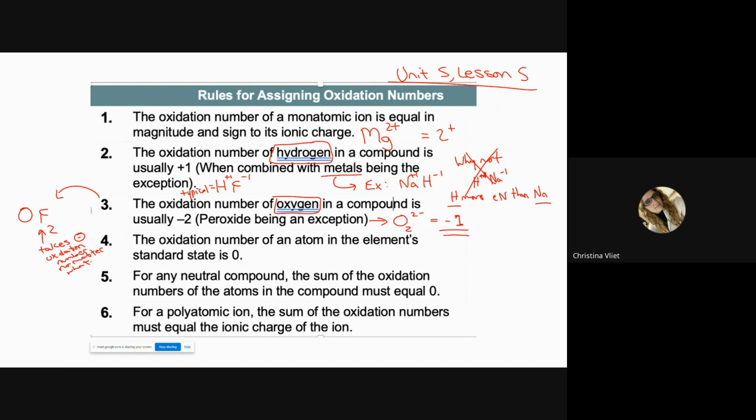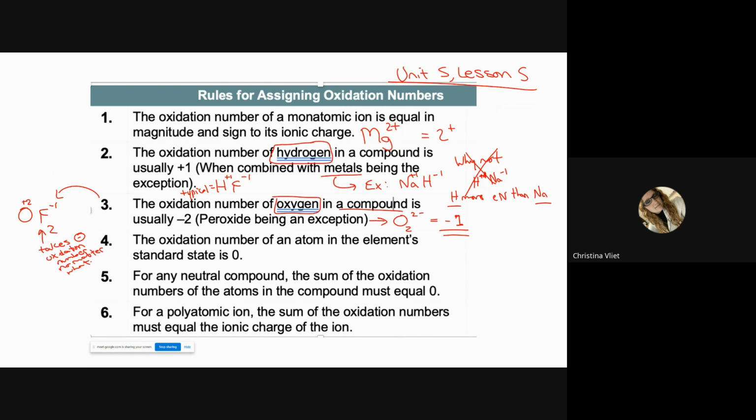And so in OF2, knowing that fluorine is -1, what would oxygen then have to be? Think about it. +2. It would have to be +2, right? So that would be the oxidation number of oxygen in OF2. Those are the two exceptions for oxygen. In everything else, oxygen is -2, except for these two very specific exceptions. When oxygen is with the most electronegative element, and when oxygen is in that specific polyatomic ion. Only that one. So 99% of situations, oxygen will be -2 in a compound.